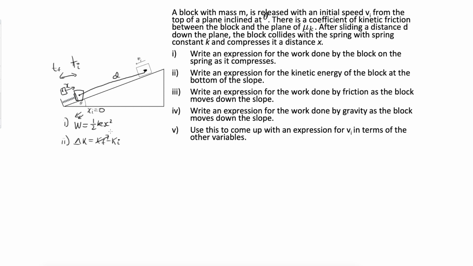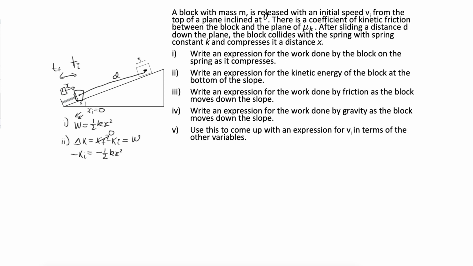So it has no final kinetic energy. So this is 0, and this is equal to the work done on the block over this time. So we've got minus the kinetic energy is equal to, now the work done on the block, the spring force is applying a force up the slope while the block moves the distance x down the slope. So this is minus half kx squared, which is done on the block.